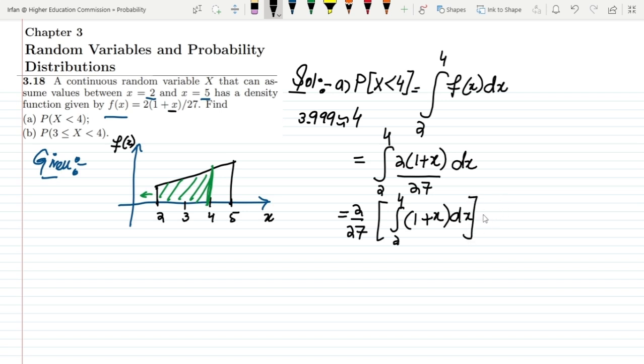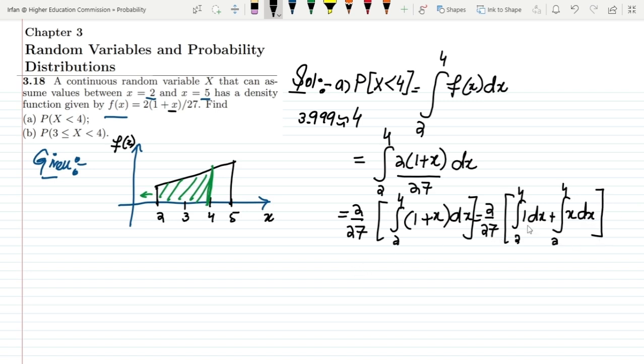Applying the linear property, we will have 2 by 27 times the integral from 2 to 4 of 1 dx plus the integral from 2 to 4 of x dx.